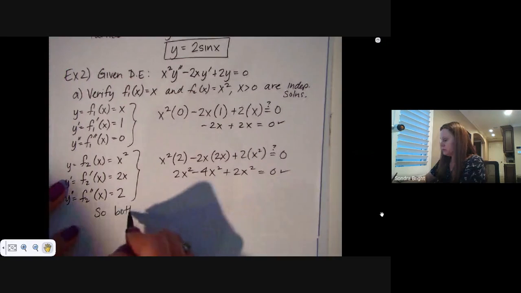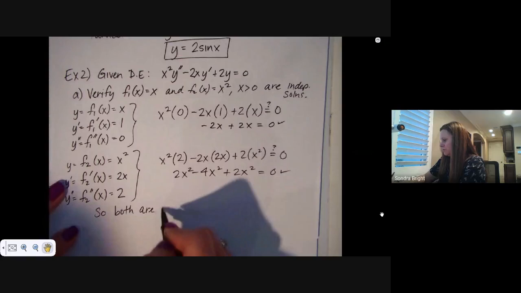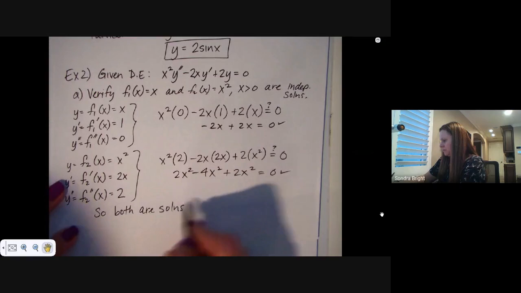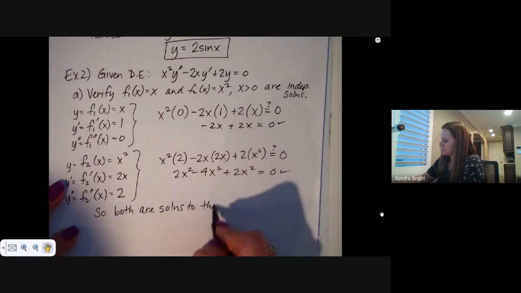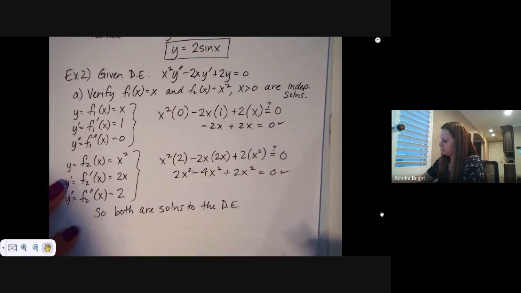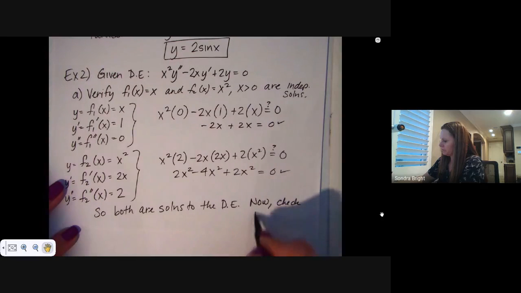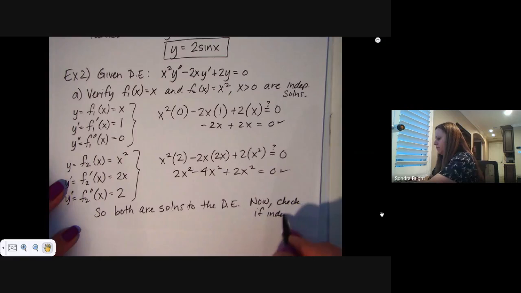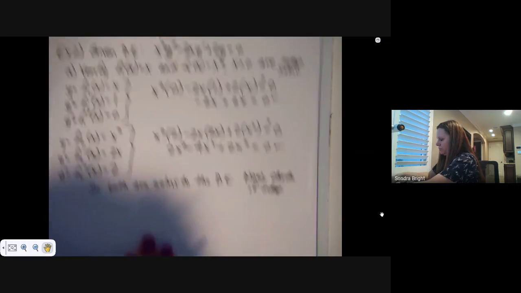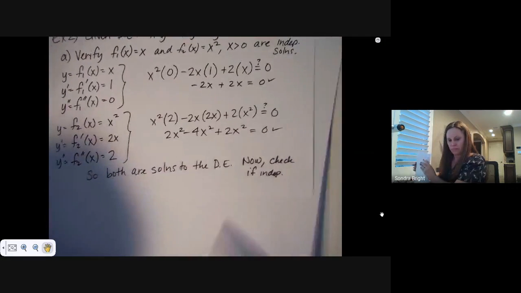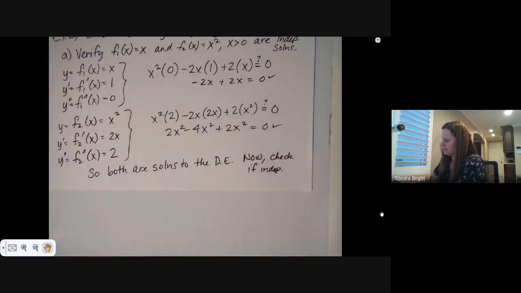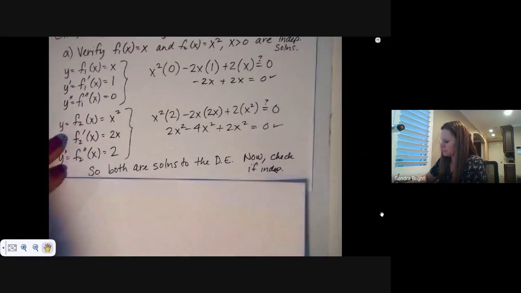They're both solutions to this differential equation, but now we need to check if they're independent. All right, so to check if they're independent, they're functions, so we're going to use the Wronskian again.